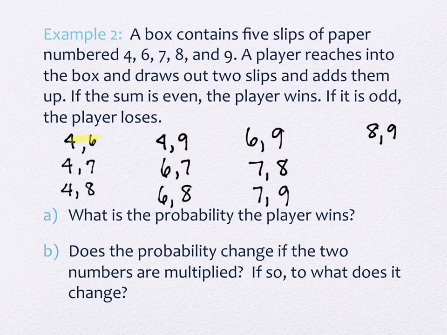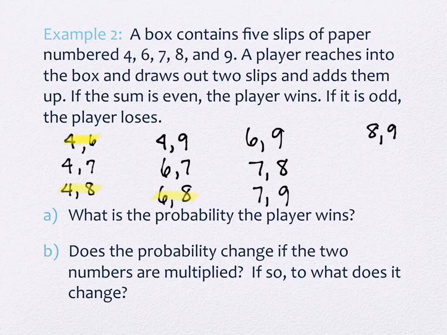I do. How about 4 and 7? No. 4 and 8? Yes. 4 and 9? No. 6 and 7? No. 6 and 8? Yes. 6 and 9? No. 7 and 8?